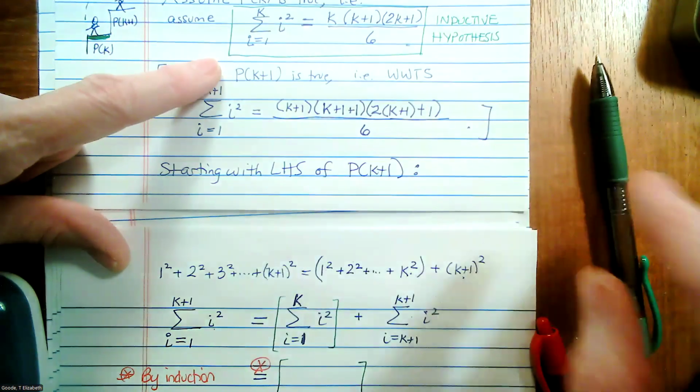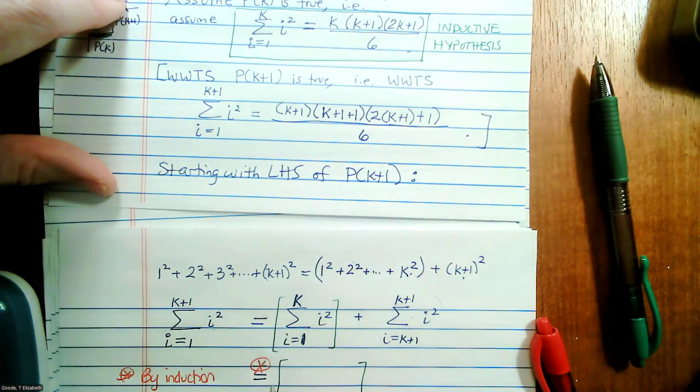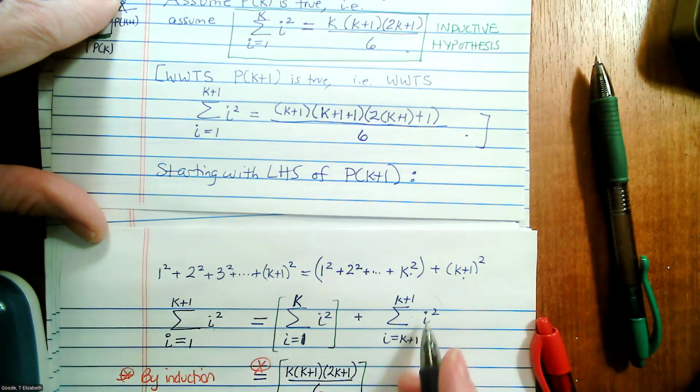Does that make sense? So let's make that substitution using induction and put that right-hand side of P of K in. And we still have this broken off term. This is by induction. This is just evaluating that.